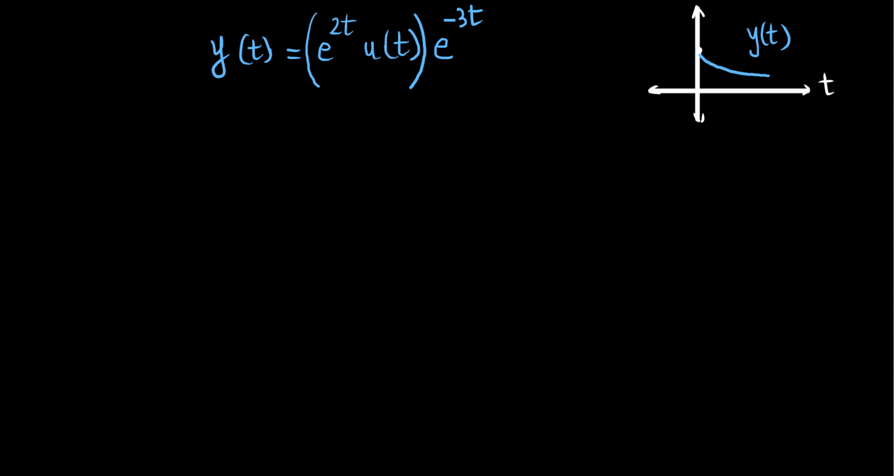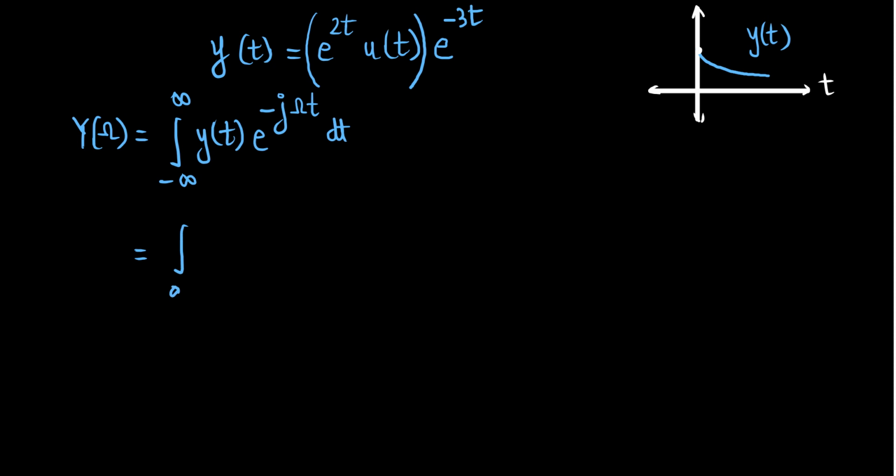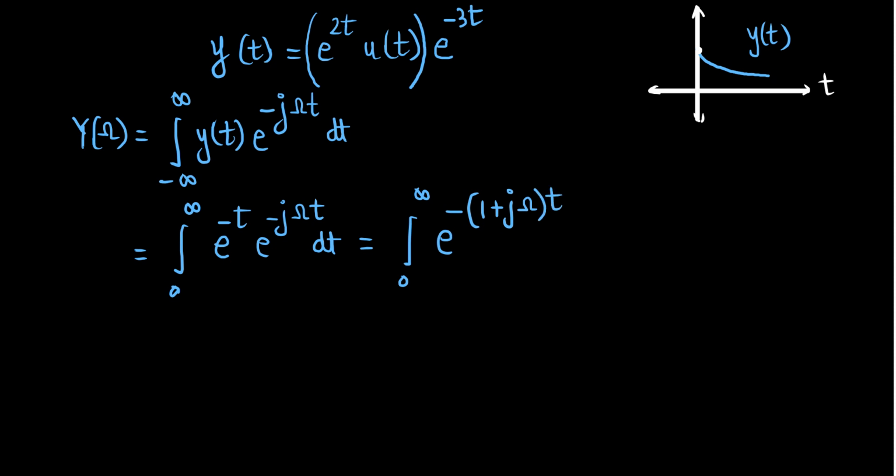So if I attempt to calculate the Fourier transform, it is going to be Y of omega, integration from minus infinity to infinity of y of t e power minus j omega t dt, and from the previous calculation you can see that this is going to be from 0 to infinity e power minus t times e power minus j omega t dt, which equals the integral from 0 to infinity of e power minus (1 plus j omega) t dt.